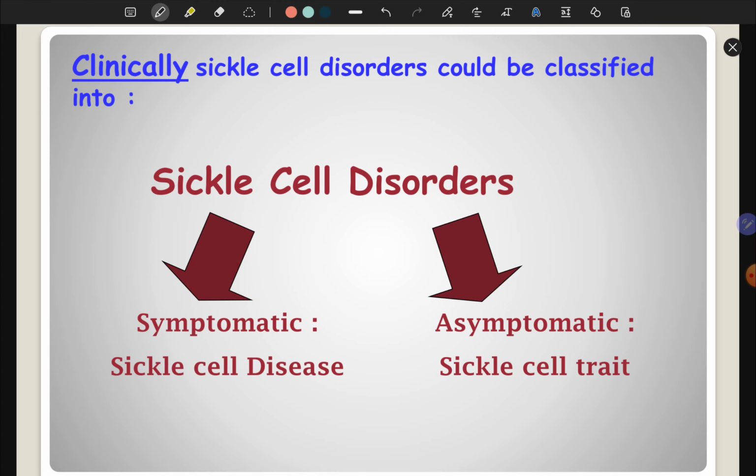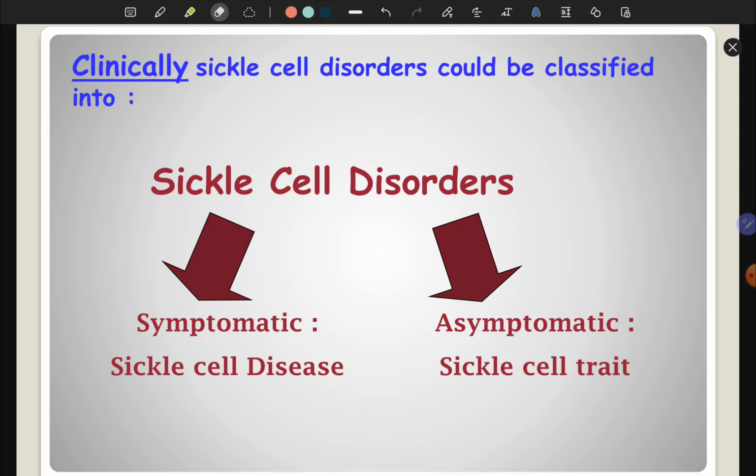Sickle cell trait can be symptomatic. So for the diagnosis of sickle cell disease or sickle cell anemia, as you like, the infant should be more than 6 months for accurate diagnosis, because there is hemoglobin F. So the mutation wouldn't affect the function of hemoglobin.